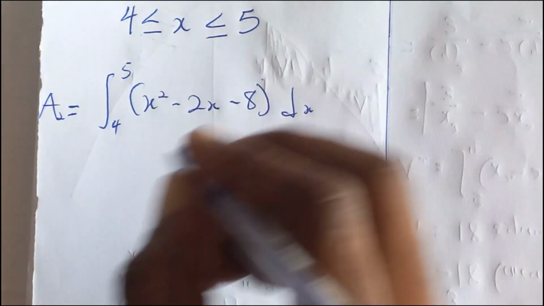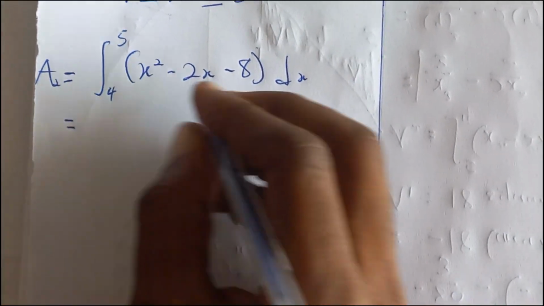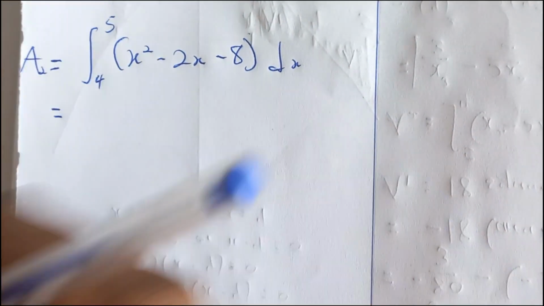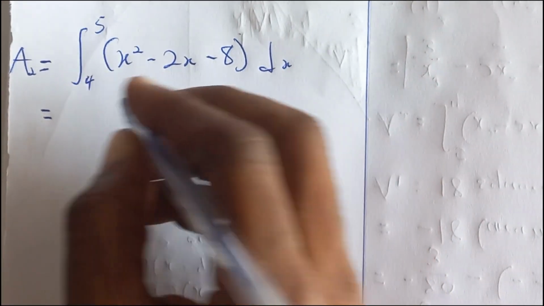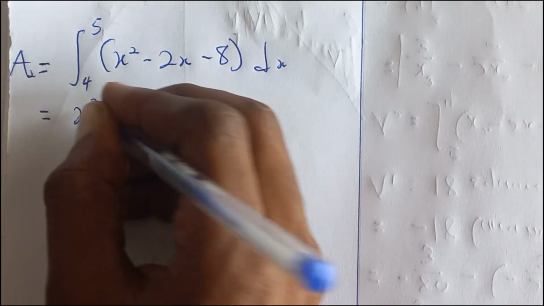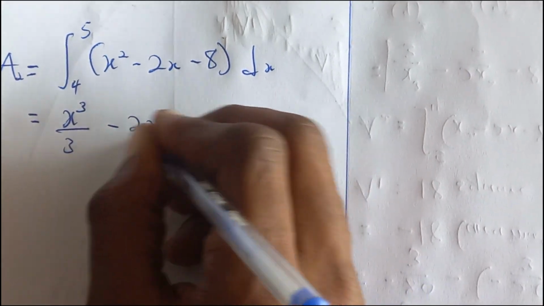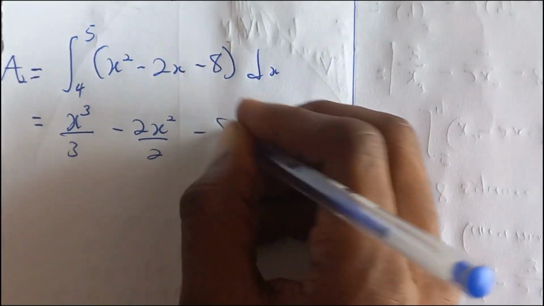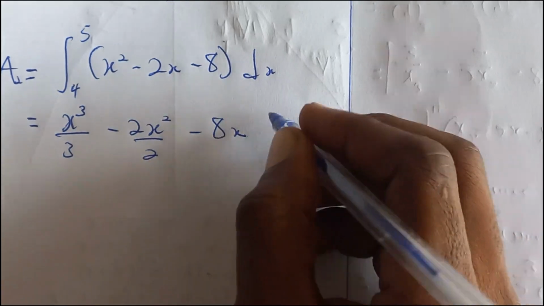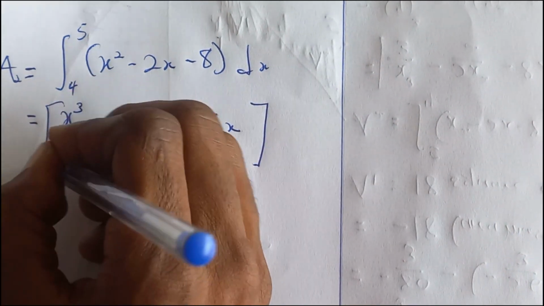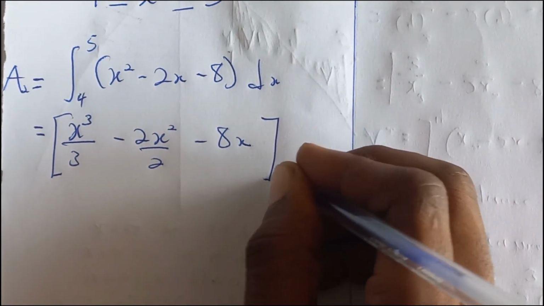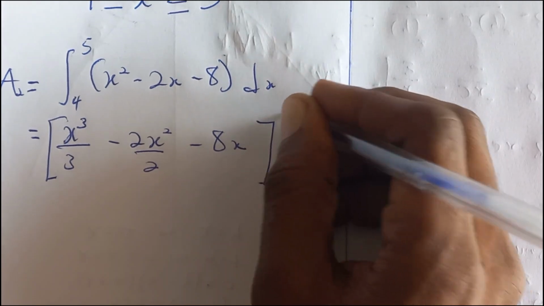Good. You need to integrate this. It's the same as the A1 integration. So x cubed on 3 minus 2x squared on 2 minus 8x. The lower boundary is 4 and the upper is 5.